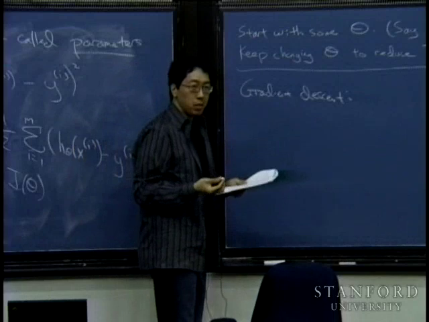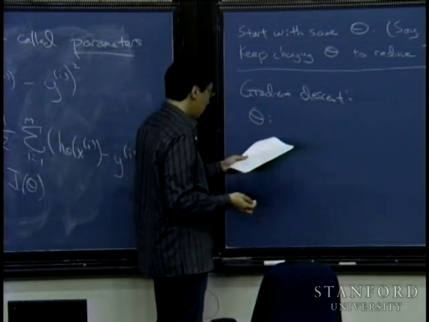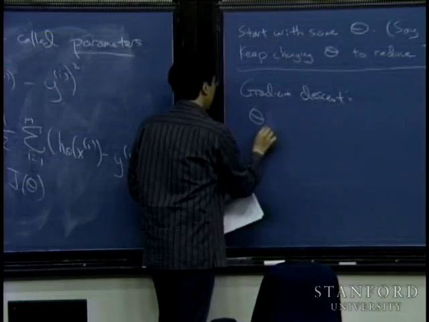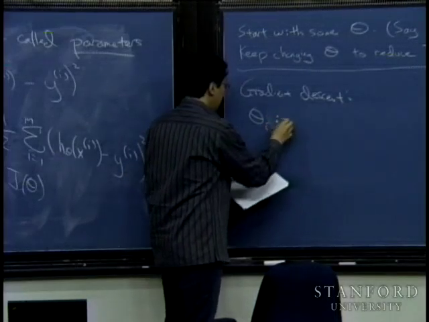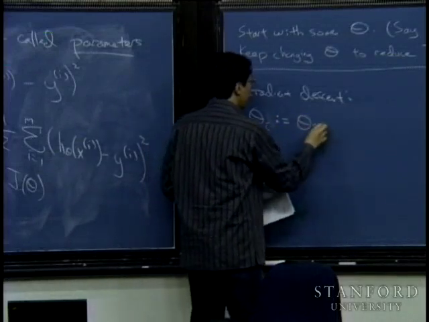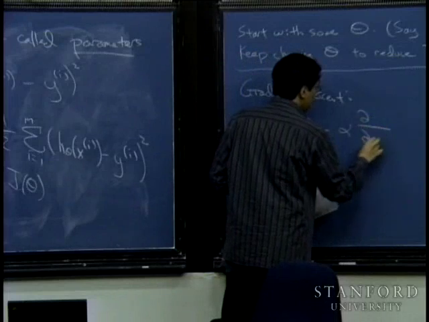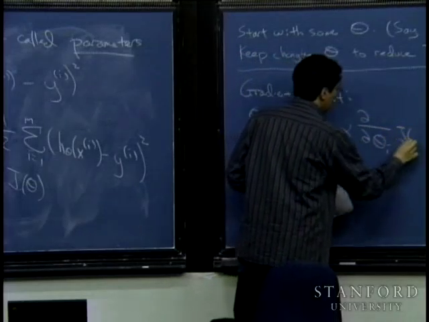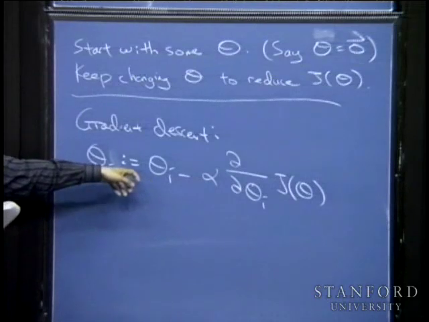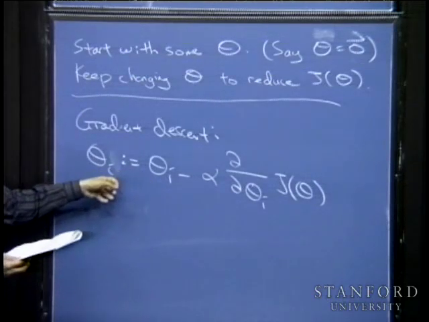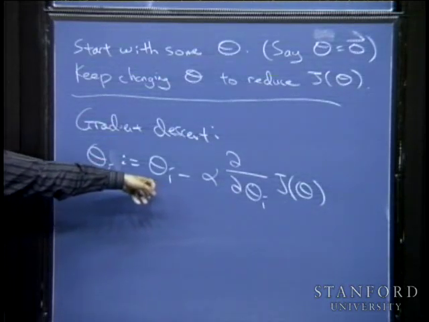We're going to repeatedly take a step in this direction of steepest descent, and it turns out that you can write that as follows: we're going to update the parameters theta I as theta I minus the partial derivative with respect to theta I of J of theta. This is how we're going to update the I-th parameter theta I on each iteration of gradient descent.